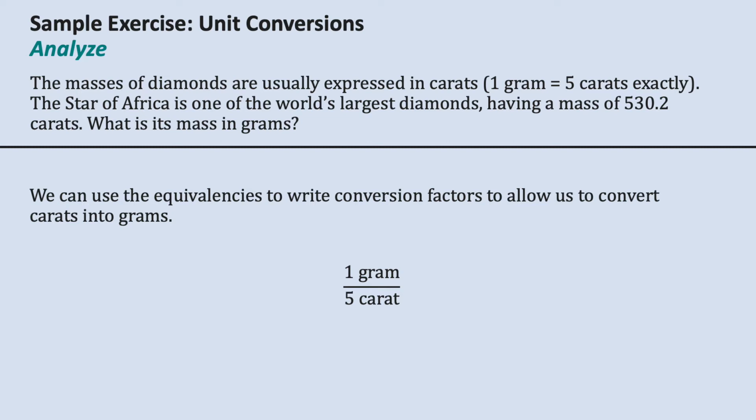The way that the conversion factor here is written is that 1 gram is equal to 5 carats by having 1 gram over 5 carats. Now, this is set up knowing where the problem is going to go, but there'd be nothing wrong with writing both versions and then seeing which version you need when it's time to solve the problem.